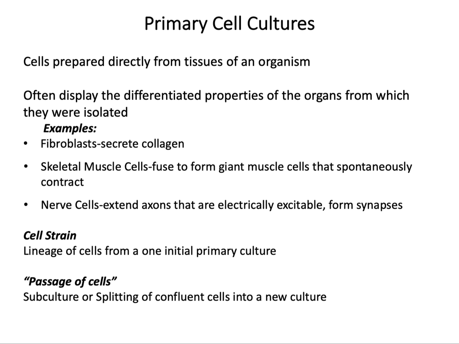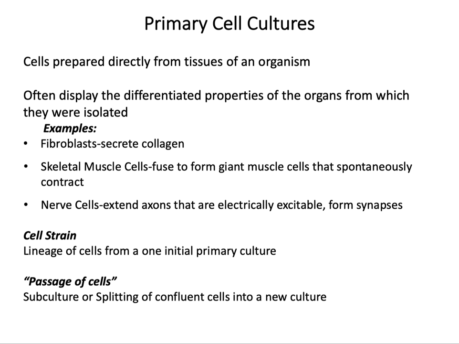So for example, primary fibroblasts will secrete collagen, skeletal muscle cells will fuse spontaneously and contract, and nerve cells will form synapses and communicate with each other electrically. The disadvantage of the primary cell culture is that the cells have a finite doubling somewhere between 50 and 100 times in the cell culture.